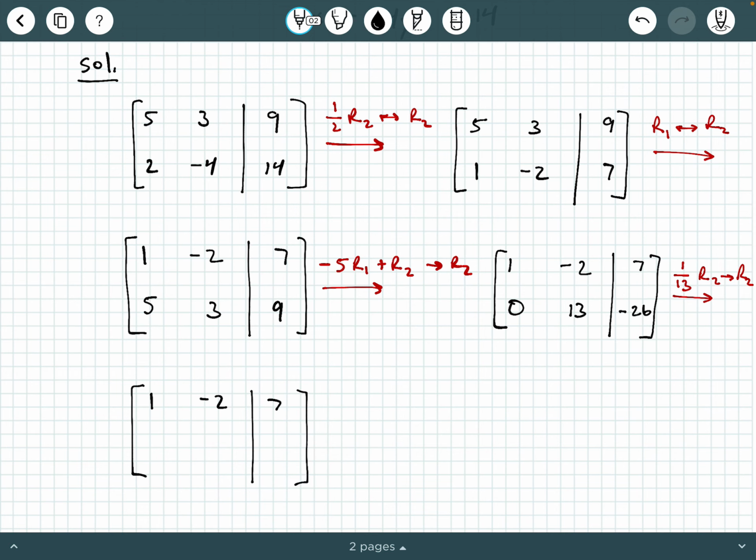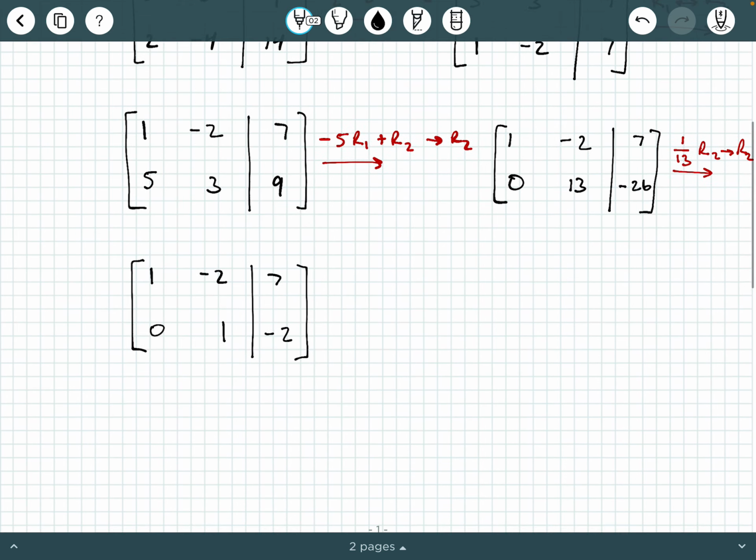We keep row 1 the same. What does row 2 become? Well, it becomes 0, 1, and negative 2. Okay, so what is this form right here? Well, we can make a note. This right here is row echelon form. It is not reduced row echelon form yet. It's just row echelon form at this stage.